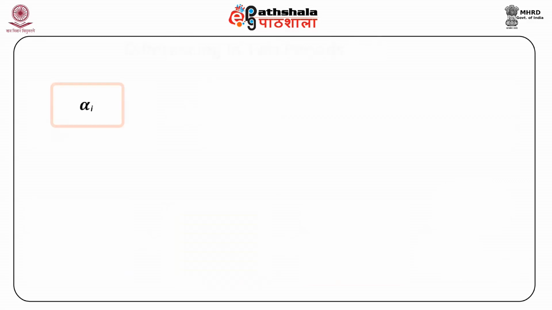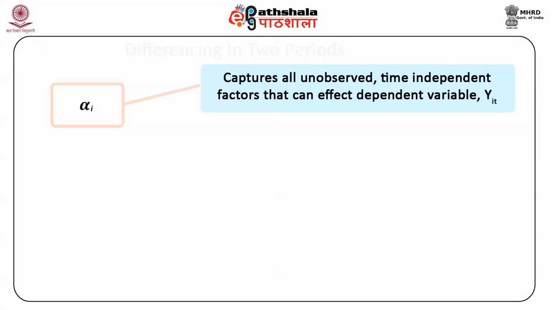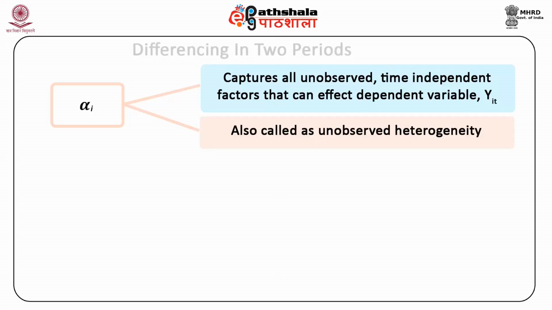Alpha_i captures all unobserved time-independent factors that can affect dependent variable y_it. Generally, alpha_i is called an unobserved effect. It is also common in applied work to find alpha_i referred to as a fixed effect, which helps us to remember that alpha_i is constant over time.